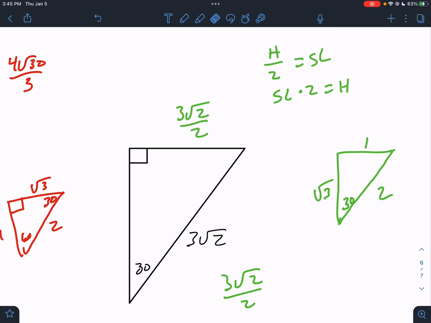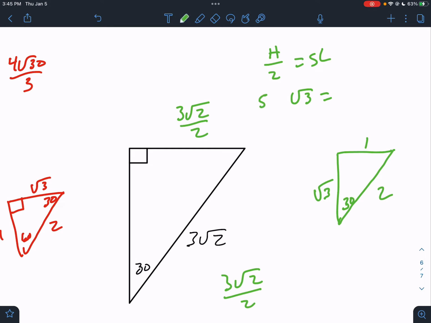Wait, what am I talking about? We have the hypotenuse. We just came from that. We want the long leg. The long leg times the square root of 3 equals... Now I'm a little bit all over the place. Sorry. Let's fix this.